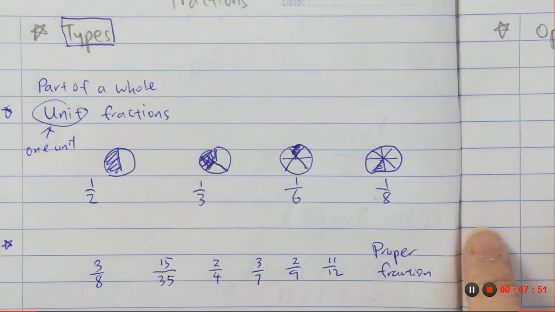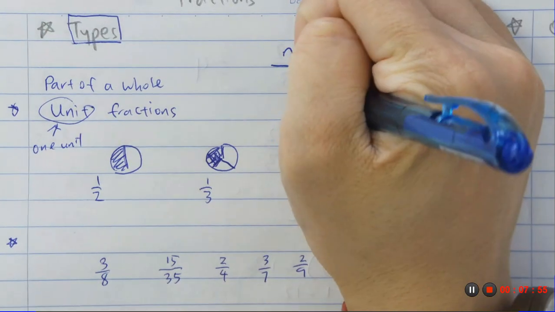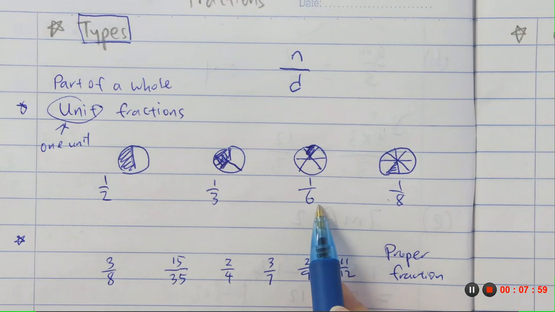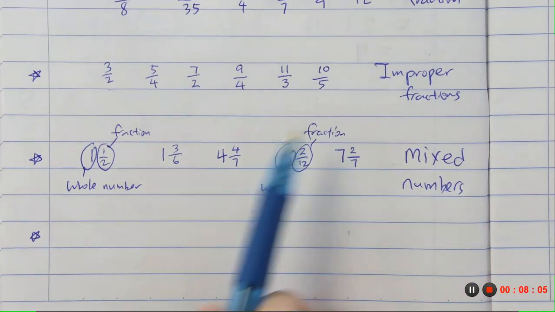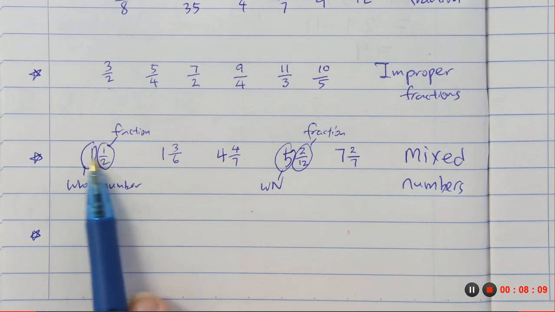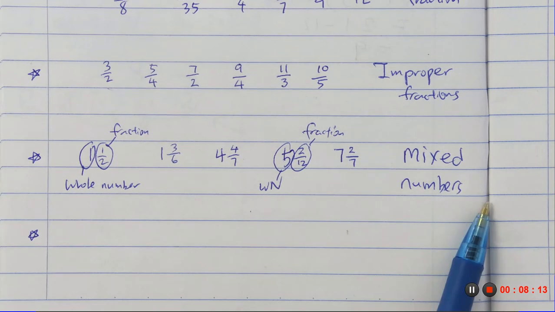Just now our friends observed. For unit fraction, you have numerator out of denominator, and the numerator is always 1. Then for the next number, the pattern that we observe is that whole number mixed together with a fraction, that's why called mixed number.